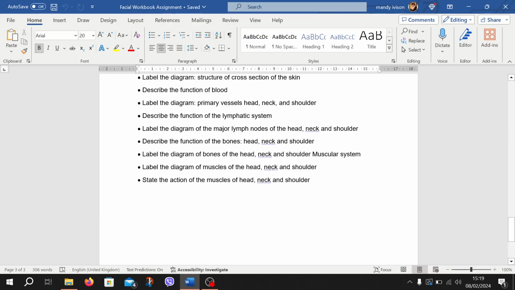For the last one, state the actions of the muscles of the head, neck, and shoulder. Again, this is in your workbook. For this one, it's asking you to state the action. So round the head, you've got the orbicularis oculi muscle, which is around the eyes, so blinking.